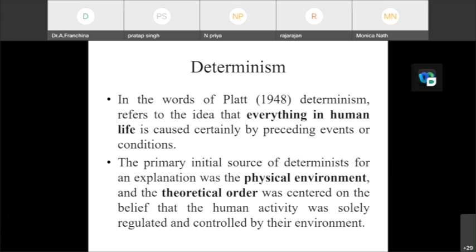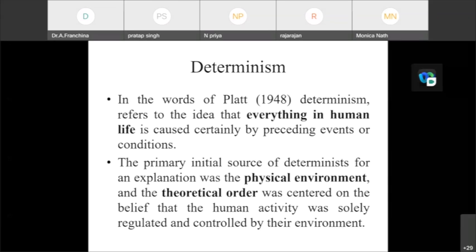Determinism gives an idea about the physical environment, and the theoretical order was centered on the belief that human activity is based on the fact that we are all interacting. Without interaction, we cannot lead life. In order to lead life, we have to interact with the environment.